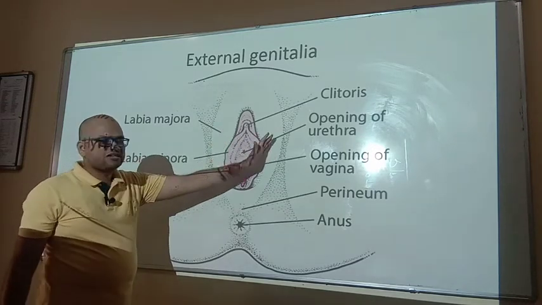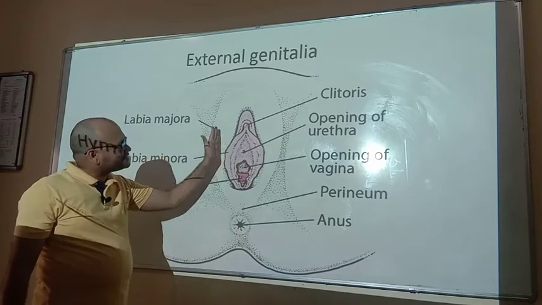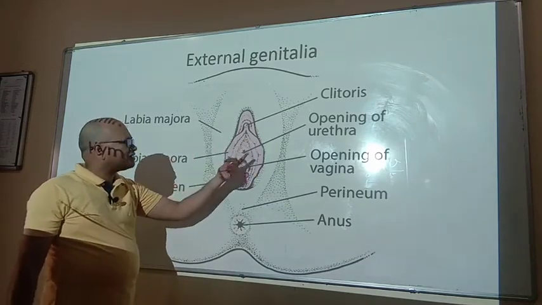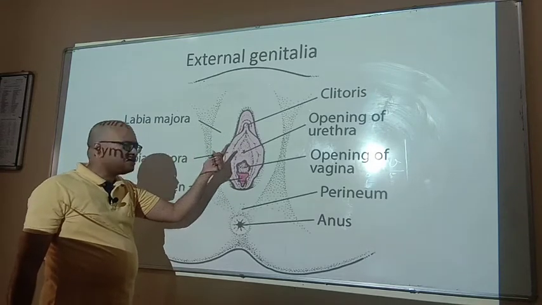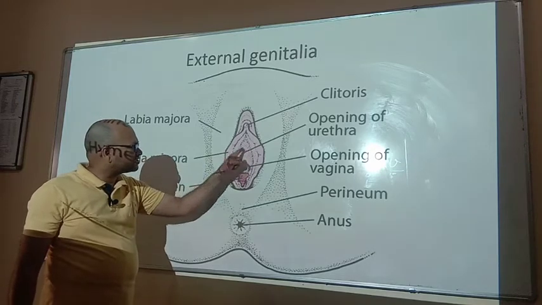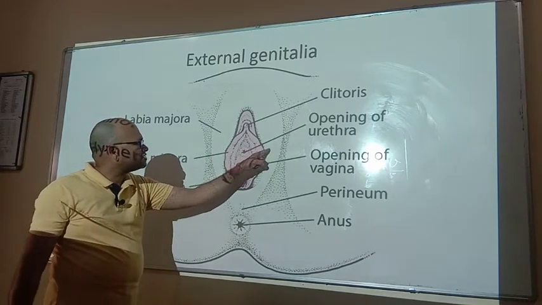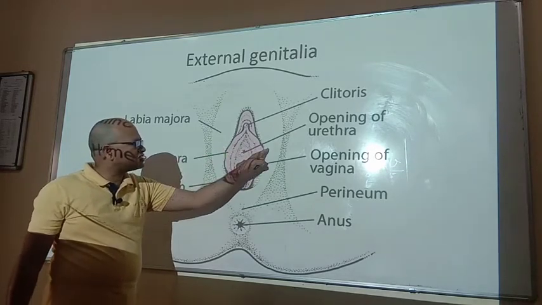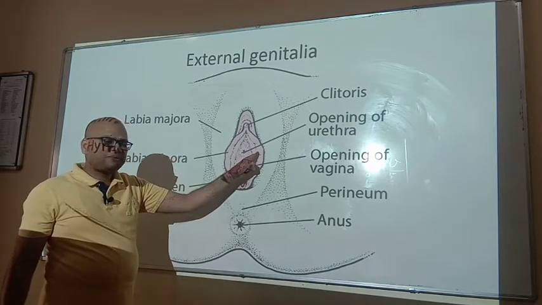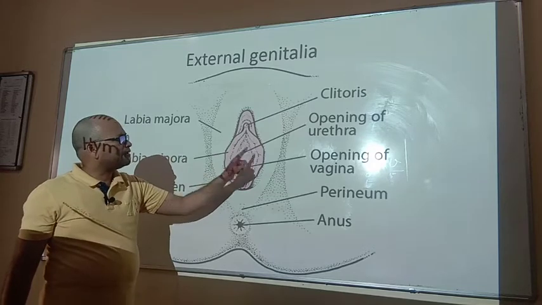Inside these thick fleshy foldings, two minor thin foldings are found. These are the thick foldings, the labia majora, and these are the thin, flappy structures called labia minora.